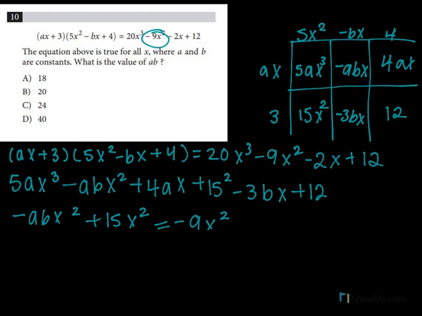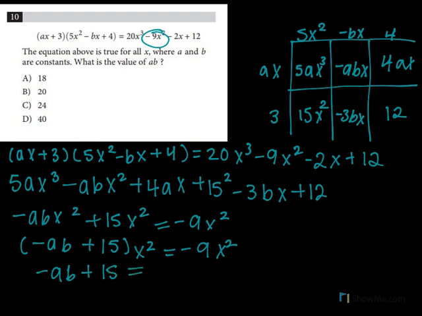And we can rewrite this as negative ab plus 15, times x squared, equals negative 9x squared. So negative ab plus 15 equals negative 9.